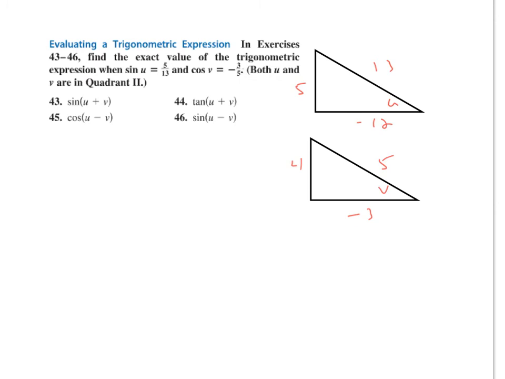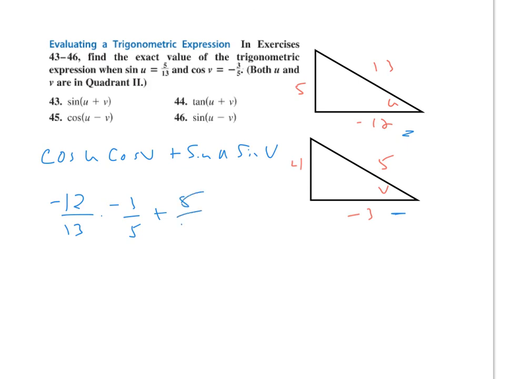If I look at 45, cosine of u minus v is equal to cos u cos v plus sine u sine v. I'm going to replace u and v with these angles. So cos u is negative 12/13, cos v is negative 3/5, sine u is 5/13, and sine v is 4/5.